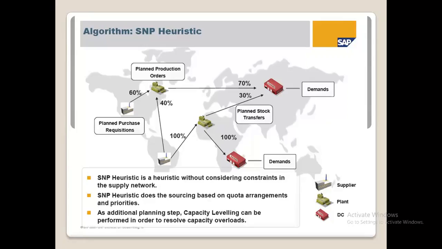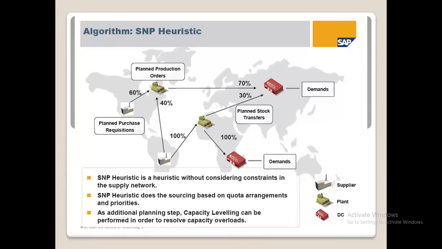Due to that infinite planning, we have an additional step called capacity leveling, which is to resolve the capacity overloads. Why? Because if the resource capacity is 1,000 quantities, doing 200 more directly is not possible.